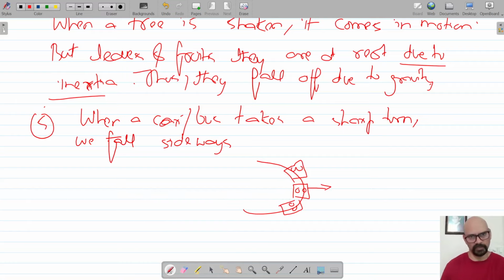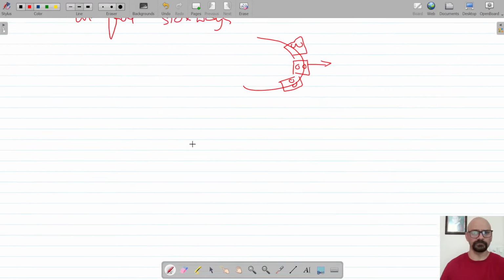And the reason is that when the car or bus takes a sharp turn, the lower part of the body, which is in contact with the car, also takes a sharp turn.